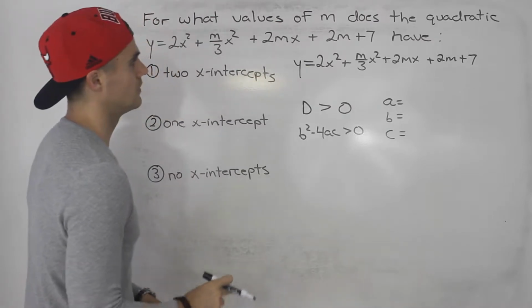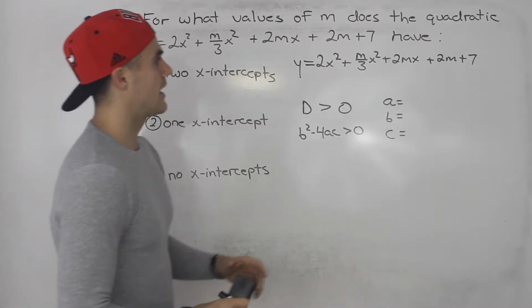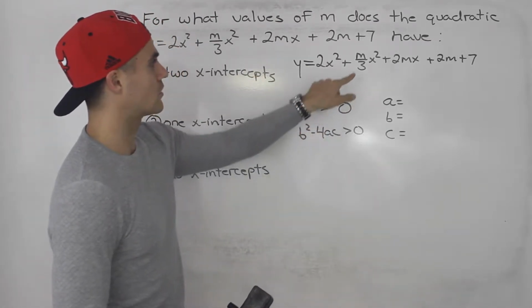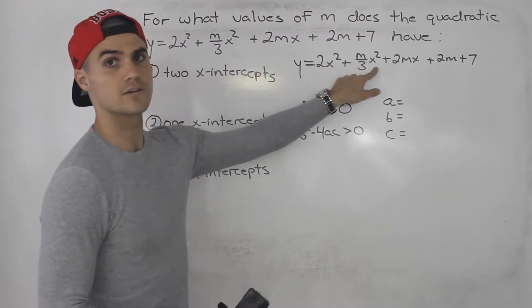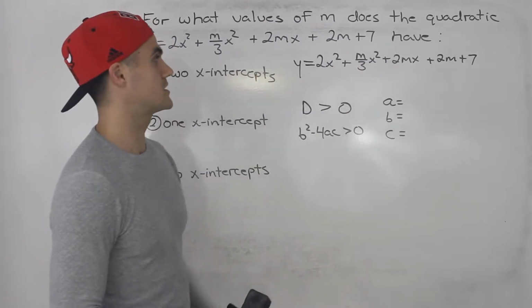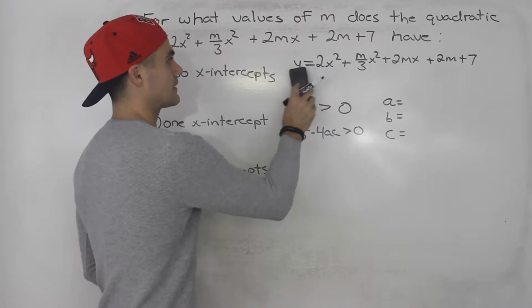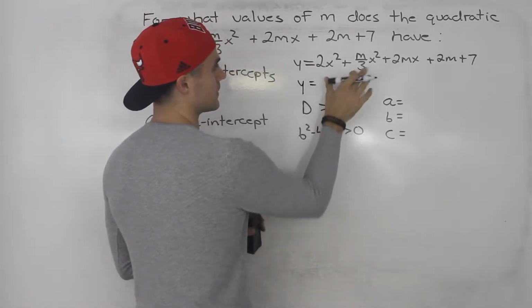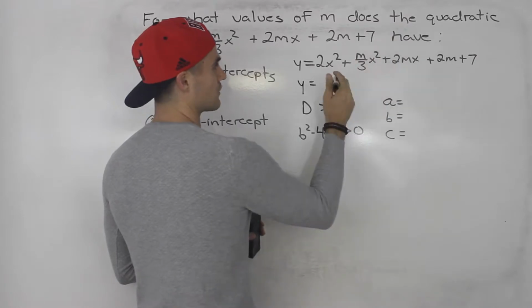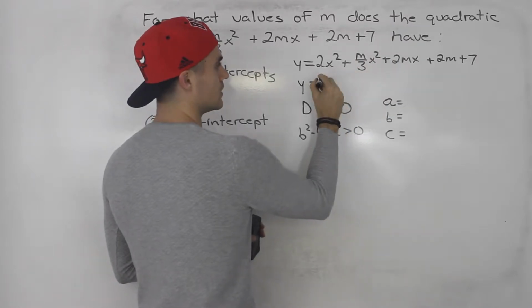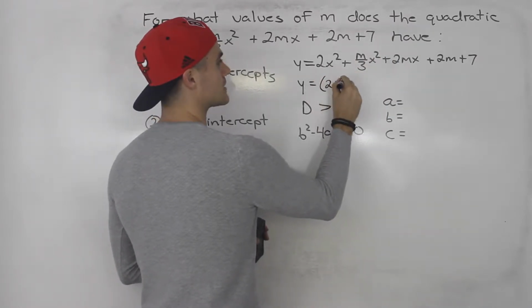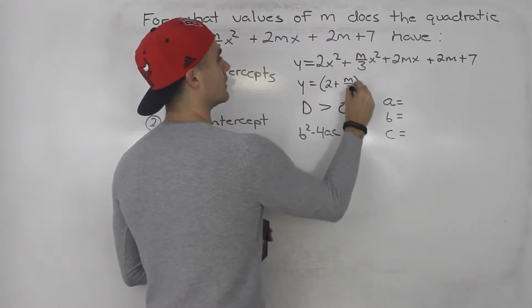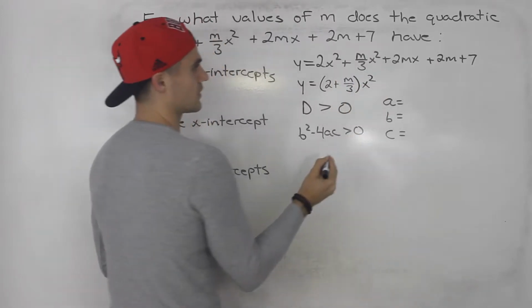discriminant? Well, notice that there are 2 x squareds here that we're dealing with. And when you get something like that, you want to rewrite this. You want to factor out the x squared in front from these two, so you'd be left with 2 plus m over 3 times x squared.